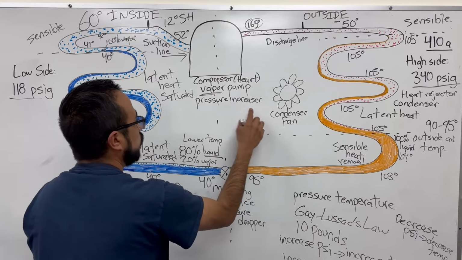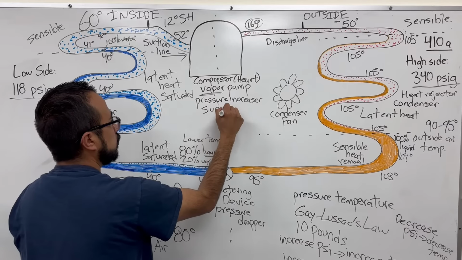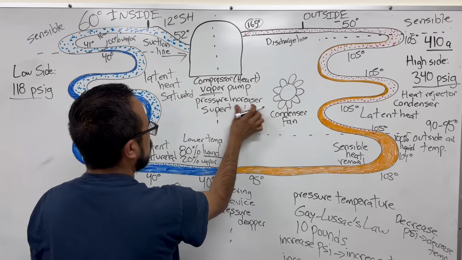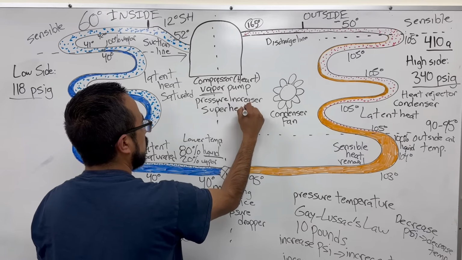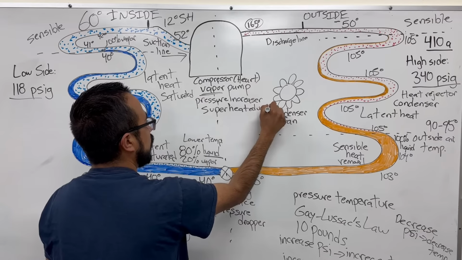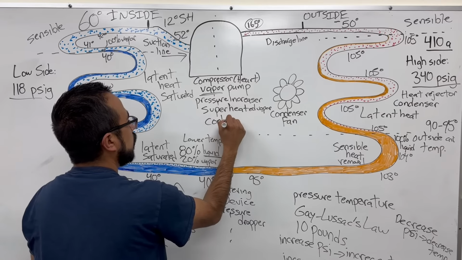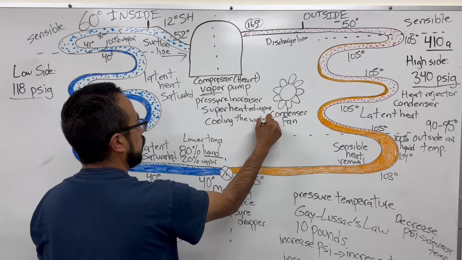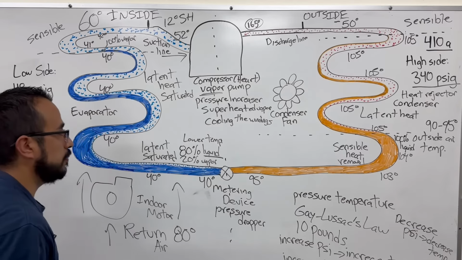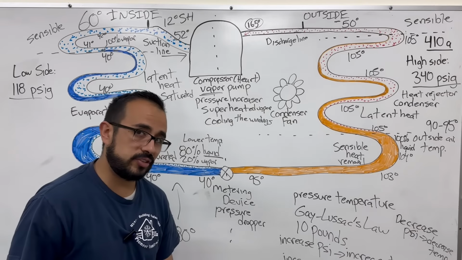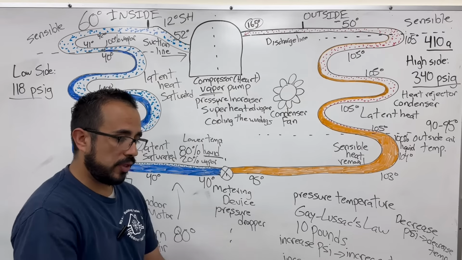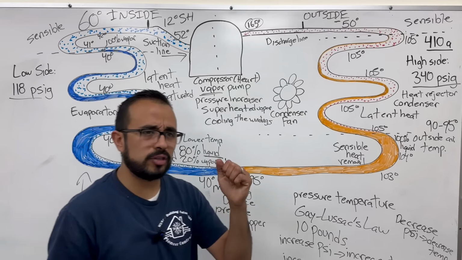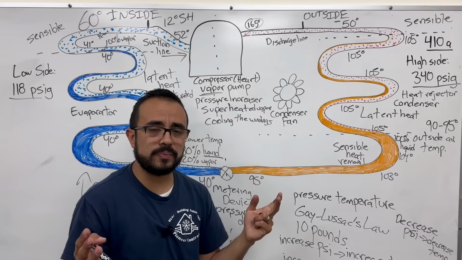So we have the pressure increase and the superheated vapor. And we're also cooling the windings of the compressor, right? So that actually makes sense. People think, well, my system is low on refrigerant, so my compressor is not pumping a lot, it shouldn't overheat.